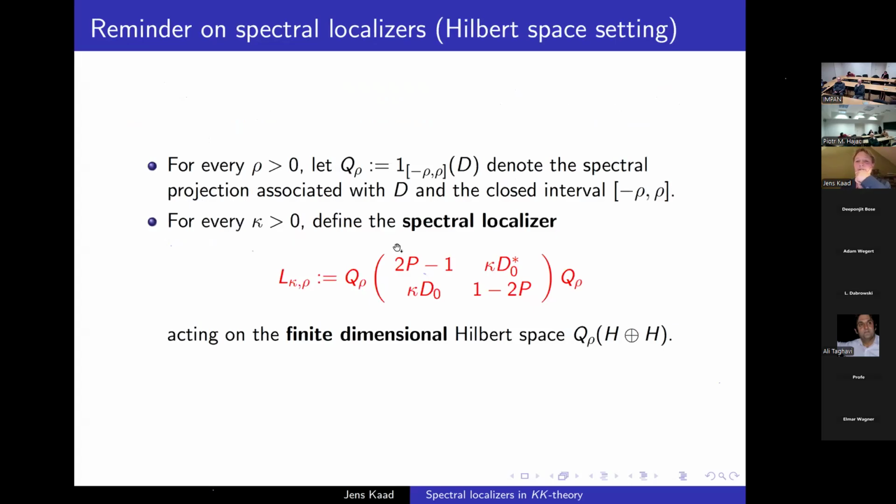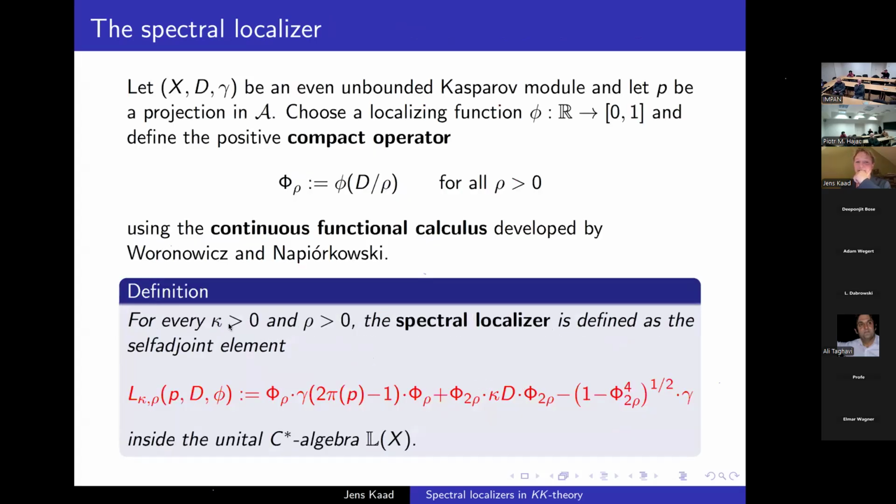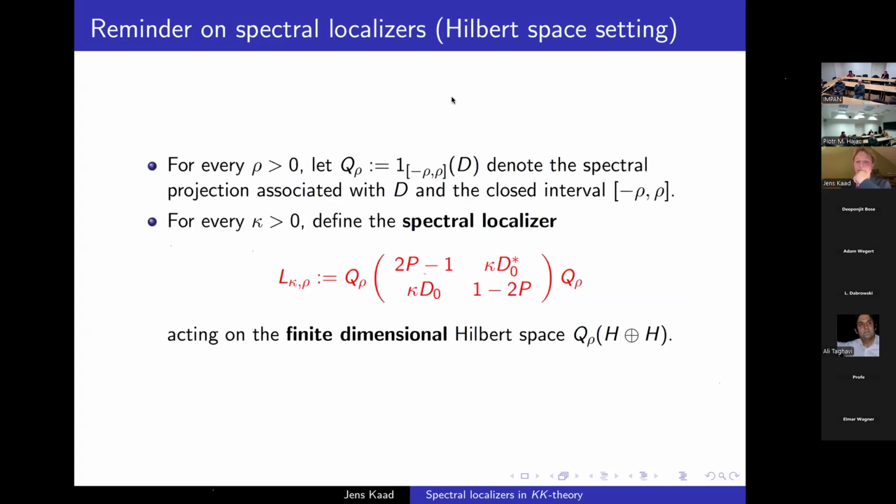Okay, so here was the old spectral localizer in the Hilbert space setting. What you see here on the anti-diagonal is kappa times the abstract Dirac operator. So if you go back, here you have kappa times the abstract Dirac operator in the second term. Moreover, on the diagonal you have 2p minus 1 and 1 minus 2p.